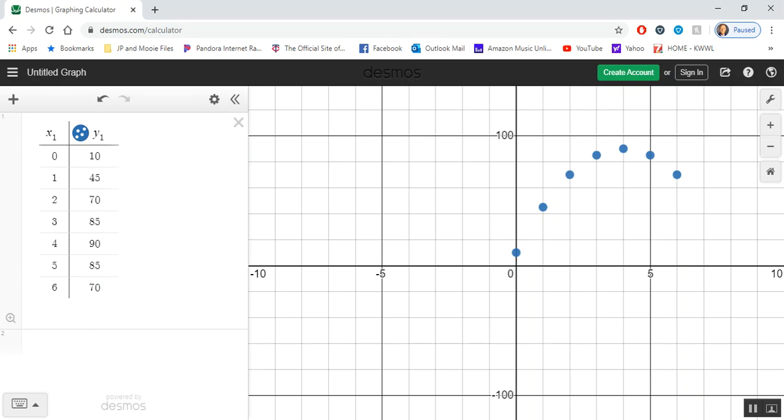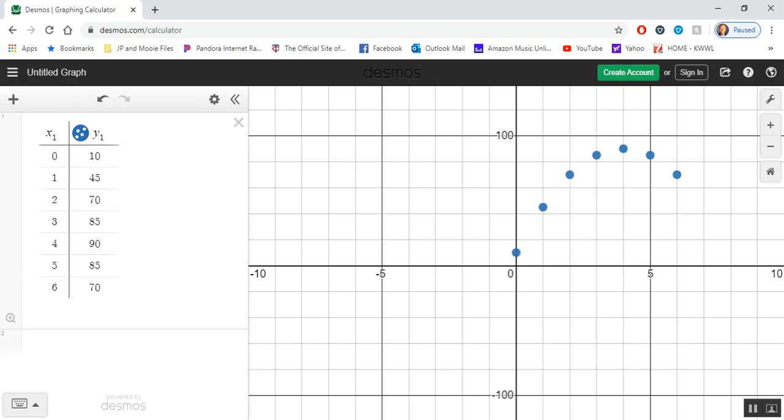Anytime they ask you about average velocity, what's the question say on example number 1? Compute the average velocity. Okay, so do you guys agree the y values are the number of feet that it is in the air, kids? And then x is the number, is it seconds or minutes? Seconds. Number of seconds.